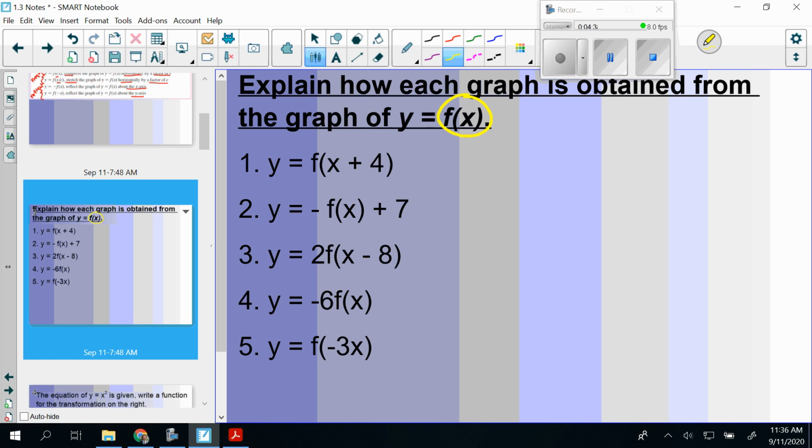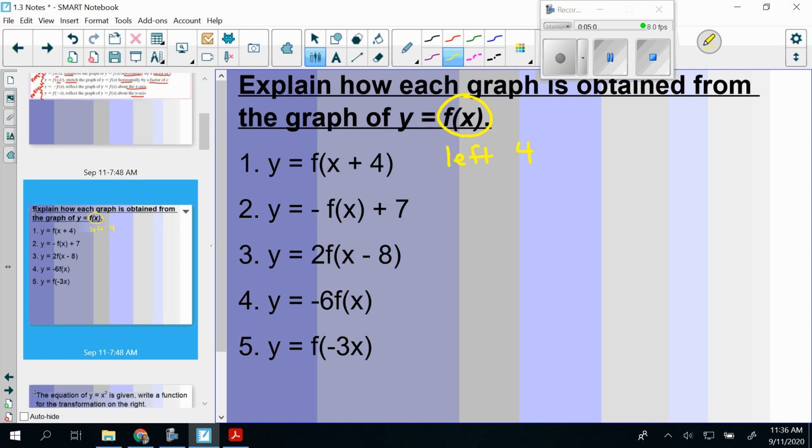And we also know that it's adding, so that's going to be a translation. It's going to slide it. Remember though, inside the function's always opposite. So usually plus would move right, but because it's inside, we know this is going to slide the function left 4 units. So it's going to be a translation left 4 units.